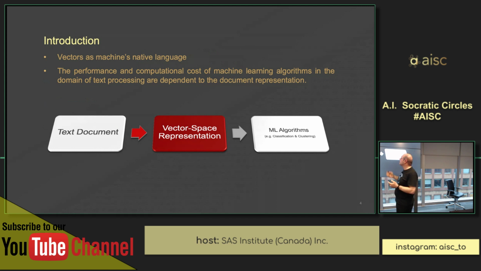The performance and computational cost of machine learning algorithms in this domain are correlated and completely depend on the document representation method that we are using.